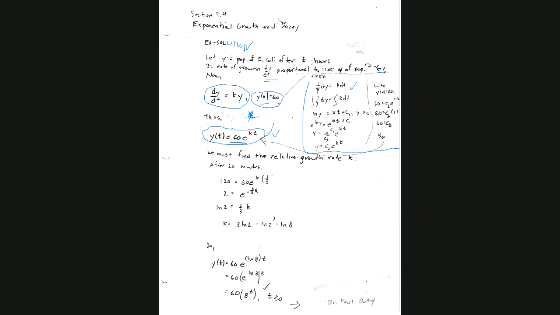All right, well, to answer the question, find an expression for the number of cells after t hours, that's y of t. We're not quite there yet because we have to figure out what our relative growth rate k is. How are we going to do that?